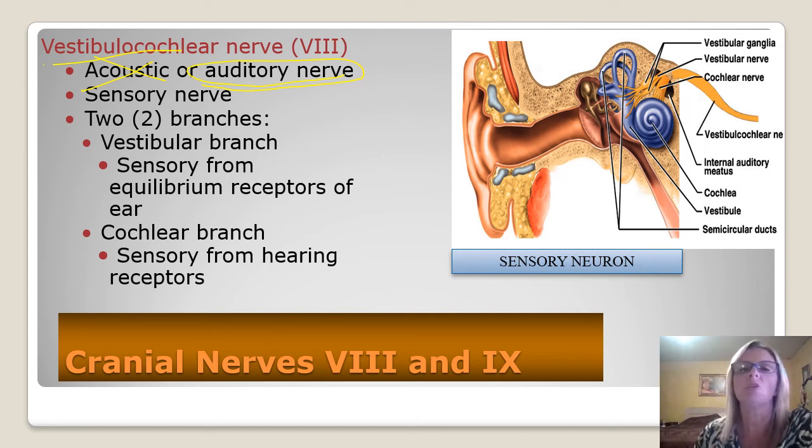The vestibular branch is located in some ganglia near the inner ear, where receptors that sense changes in position are. Cochlear branch is going to be in groups or ganglia of the cochlea. The impulses from here are going to pass through the medulla oblongata and the midbrain, and then be transmitted on up to the temporal lobe.